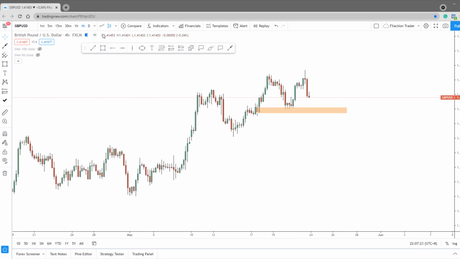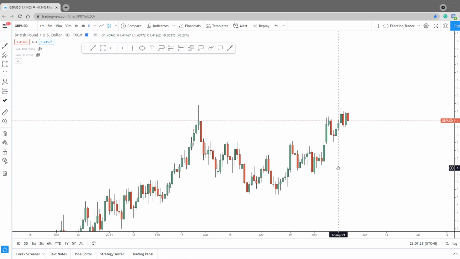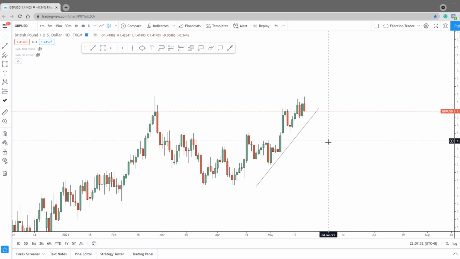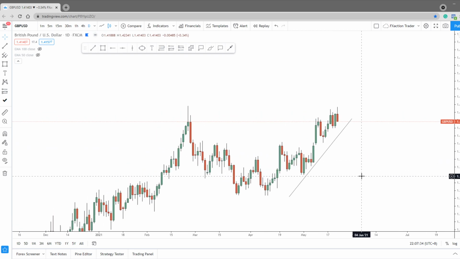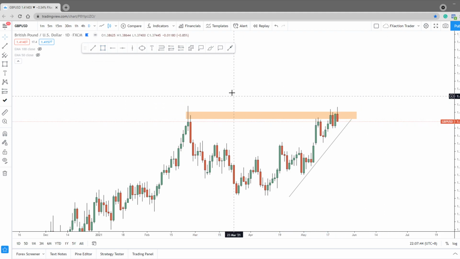For Pound Dollar, on the daily chart, we can see that obviously market was in a very clear uptrend. But one thing we have to take into concern is that market has some rejection on this daily previous top level, whereby market could not show us a very clear break of this previous high.